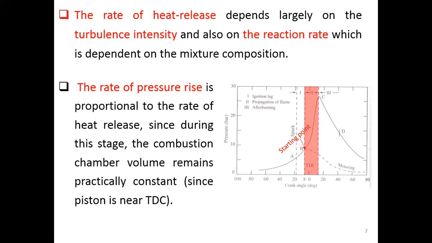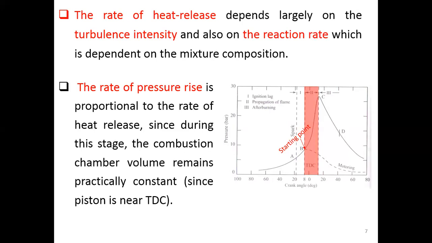Now, you see the pressure starts to rise from point B here. So the question is, what is the rate of this pressure rise? How fast can we make this pressure go up?